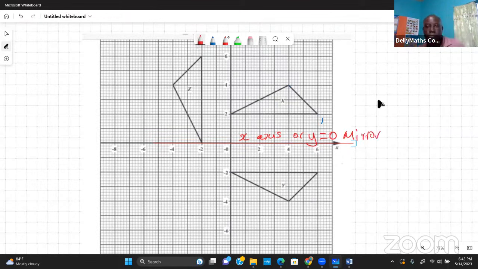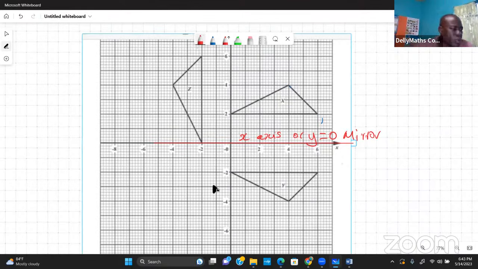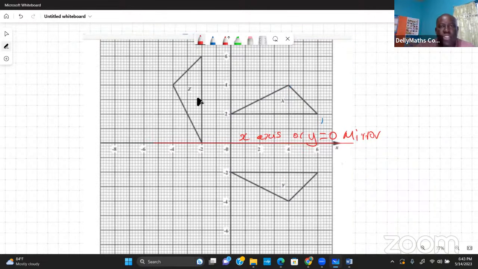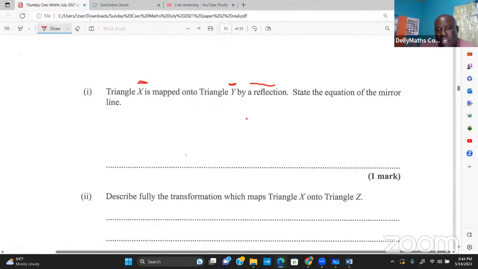You're going to notice that all you have to do is observe these things as you go forward. Nothing to do but observation. So I'm just going to write it here: it is the x-axis, or y equals 0.